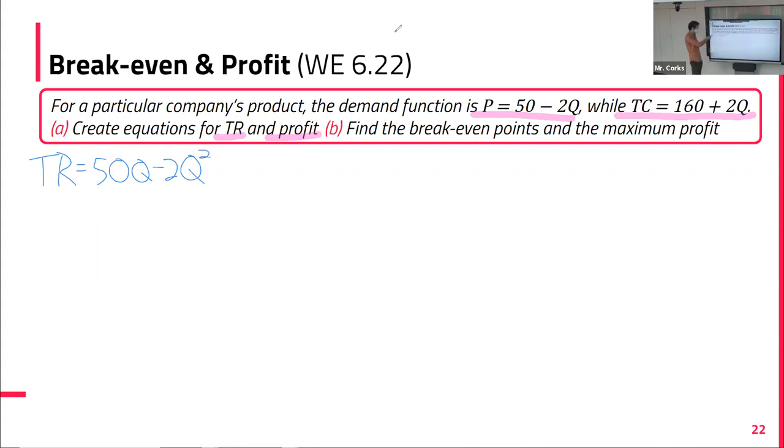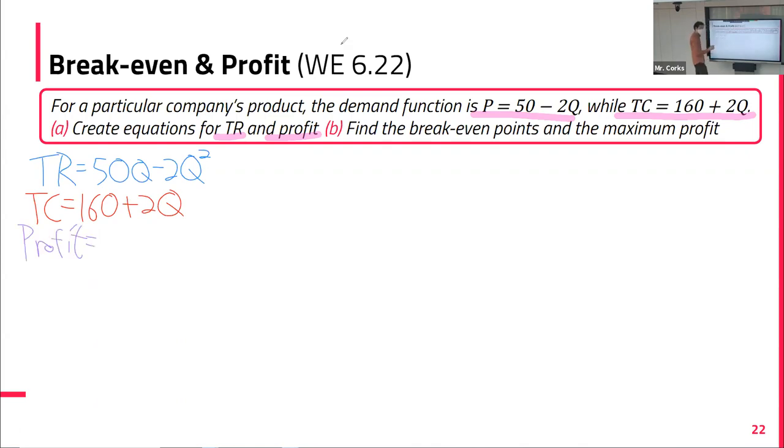We could calculate total revenue in terms of profit plus cost, but profit is the result. We're going to start with revenue and cost and use that to figure out profit. So our total cost is over there, 160 plus 2q. Yep.